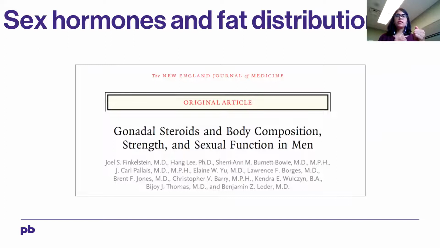And once everything was suppressed, they started providing testosterone supplements. And in some cases, they ensured that the estrogen was still not produced by providing aromatase inhibitors. And so there were 2 groups where you had men with different levels of testosterone, and then you had men who had testosterone but had no estrogen.